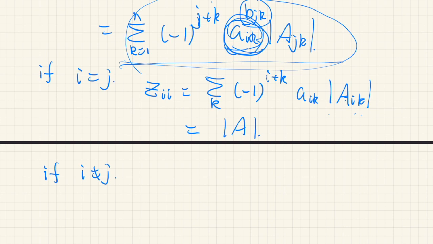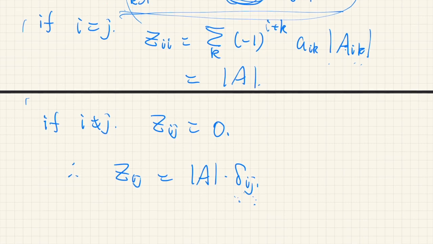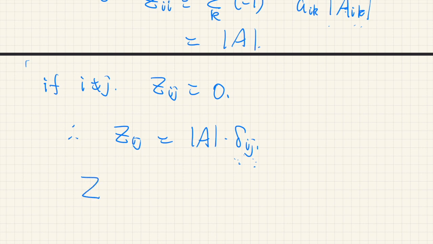So in that case, that must be equal to 0 because there are two same rows, and for such a matrix, the determinant is 0, as we have learned before. Therefore, to summarize these two cases, Zij can be written as the determinant of A times Kronecker's delta. Remember Kronecker's delta? This takes the value of 1 if i and j are the same, and otherwise it's 0. So in other words, this is the element of the identity matrix. So this is the determinant times the identity matrix.